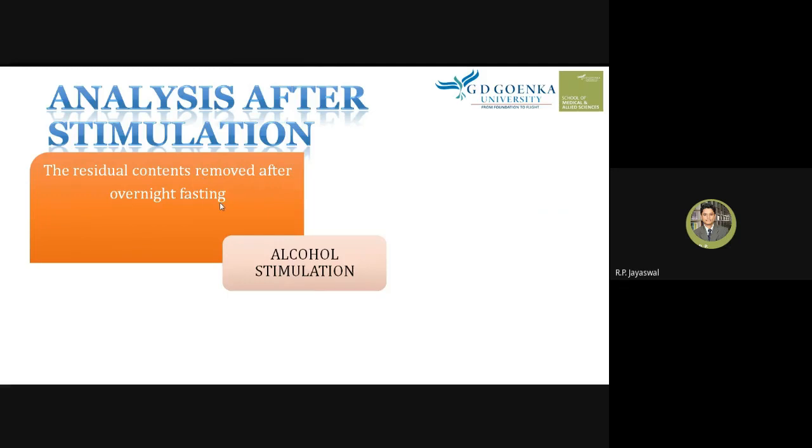This is the first step we have to do while doing the alcohol stimulation test. The patient has to report to the laboratory, and in the lab, the residual contents are removed in the morning time, because the patient should report to the lab in the overnight fasting condition.